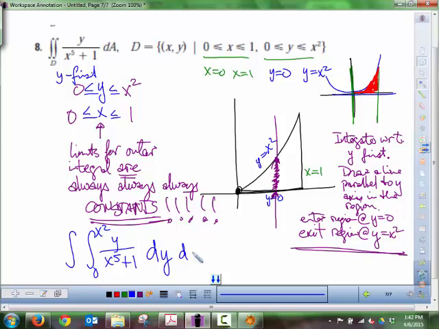And then our outer limits with respect to x are always constants, 0 to 1. Yes. Always. Okay, so when I give you guys a quiz sometime this week, your outer limits will be constants. Are you feeling me here?